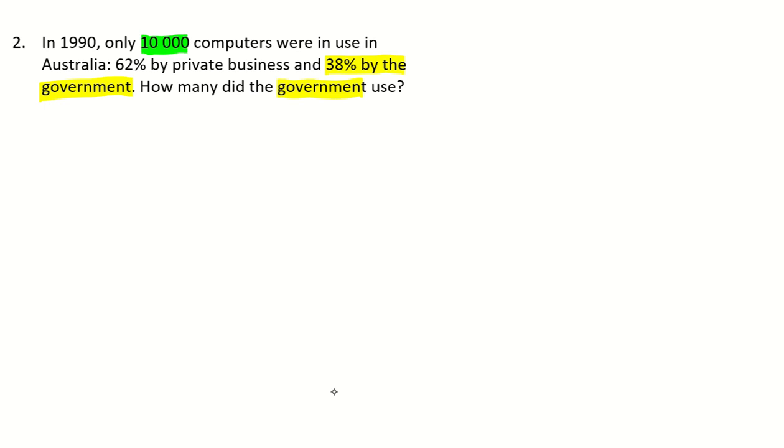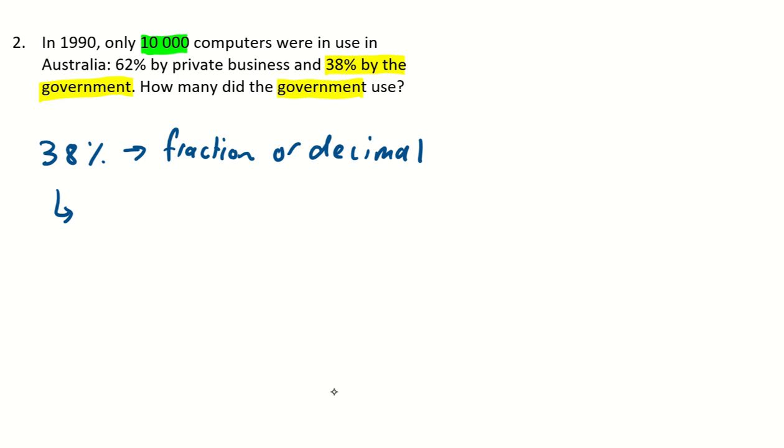So what I'm going to do, I will change 38% to a fraction or decimal, and then I'll multiply by 10,000. So I'm going to change this to a decimal. So I'll divide by 100. That means the decimal place will move twice.